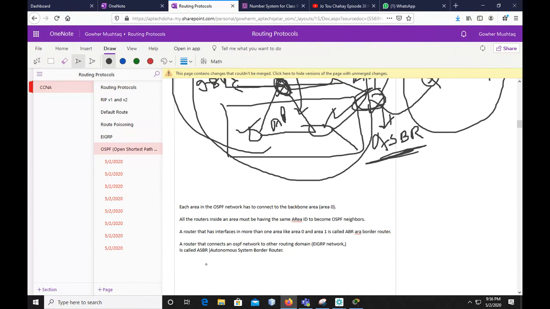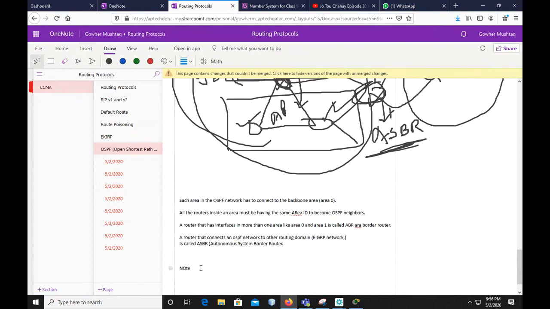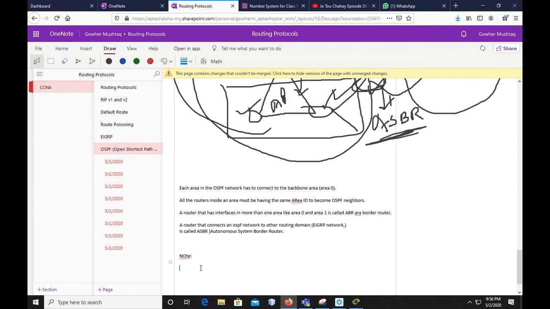And this point you have to note, it's very important. As I have told you, there's a major difference in manual route summarization between OSPF and EIGRP. In EIGRP, manual route summarization can be implemented on any interface of a router, right?